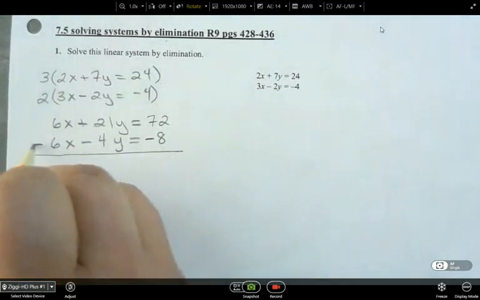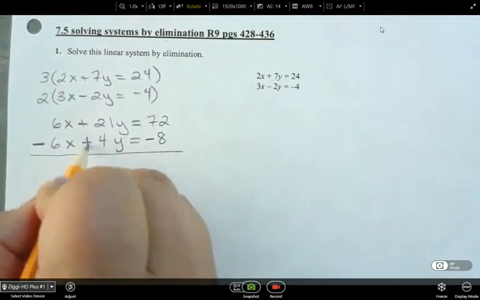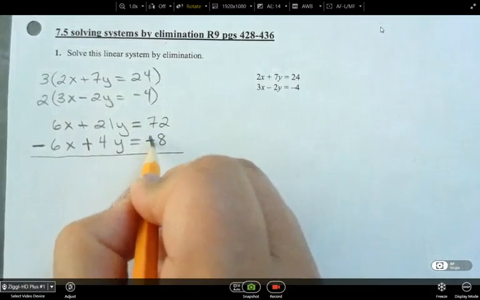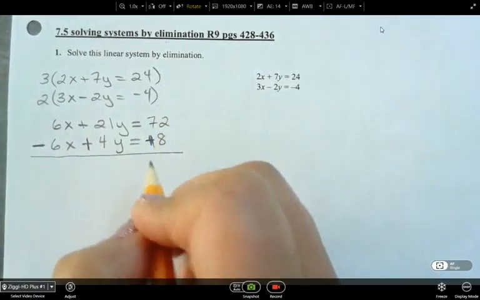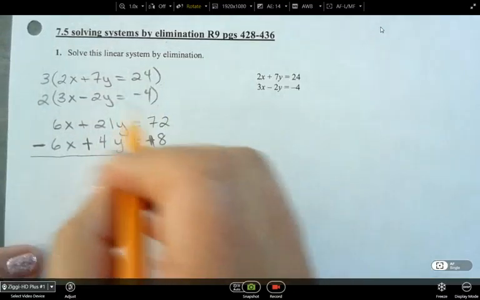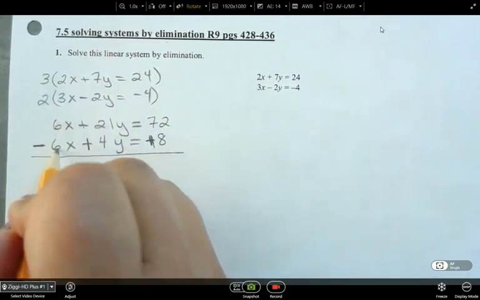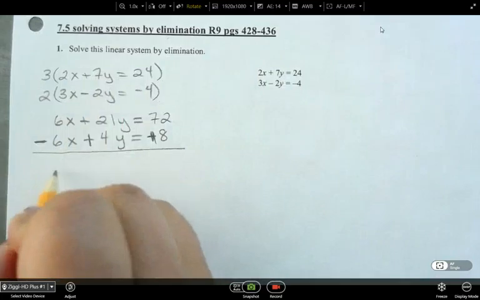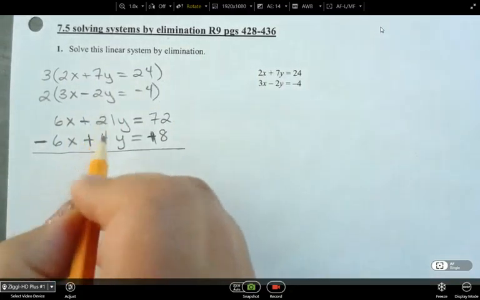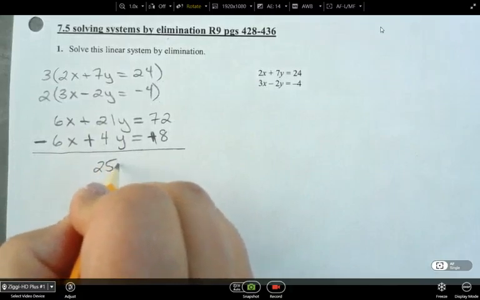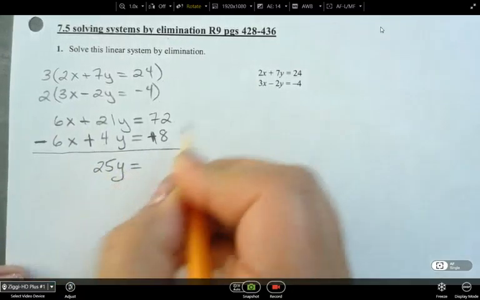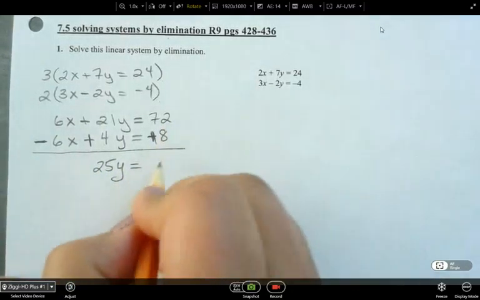I can multiply it by negative 1, which in turn changes all of the signs, right? So now I can just quickly add them together. So 6 plus negative 6 is 0x. I don't need to write that down. How about here, 21 and 4? So I've got 25y.